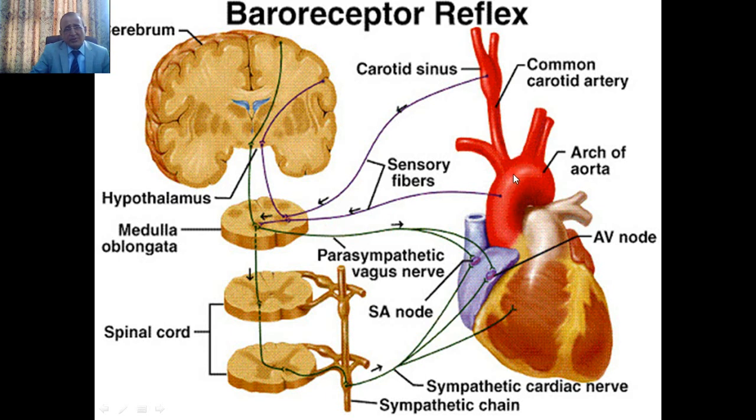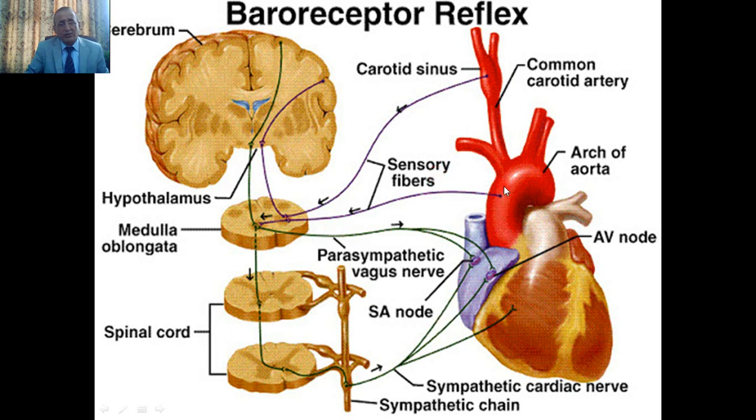If, for example, you have hypotension, loss of fluid for any reason, severe diarrhea, blood loss, whatever, these will sense the pressure in the wall and send impulses to the central nervous system, and the central nervous system through the sympathetic nervous system will give impulses to the heart to contract, so there will be tachycardia, more contraction, and vasoconstriction. This is the response to low blood pressure.